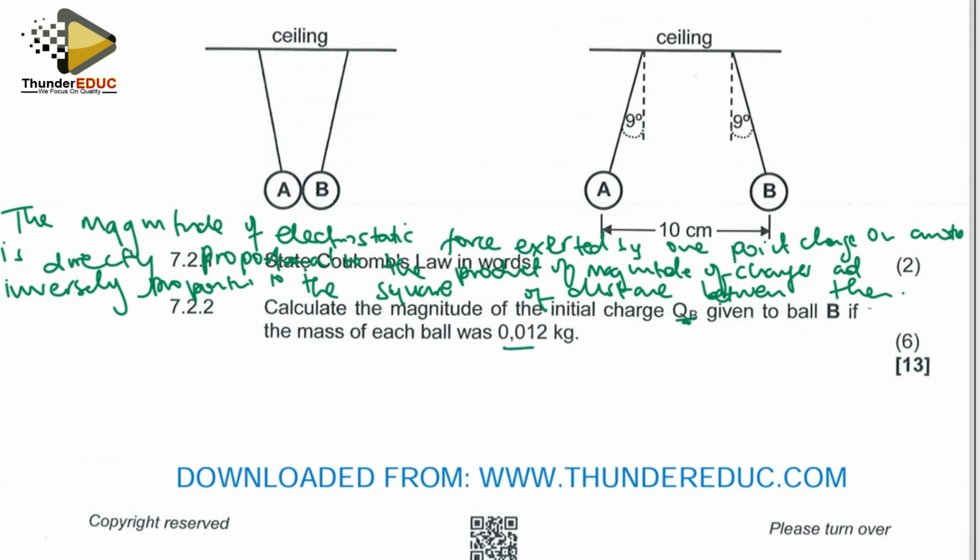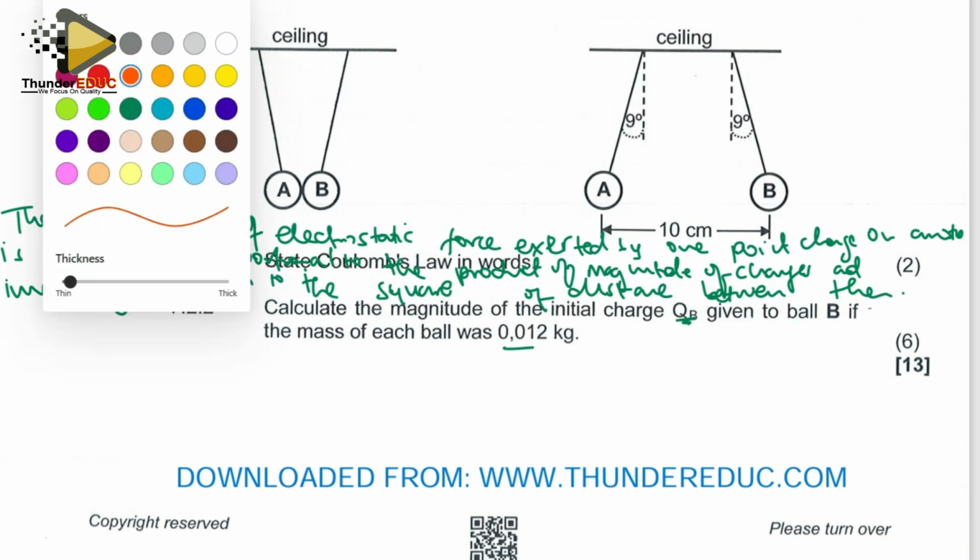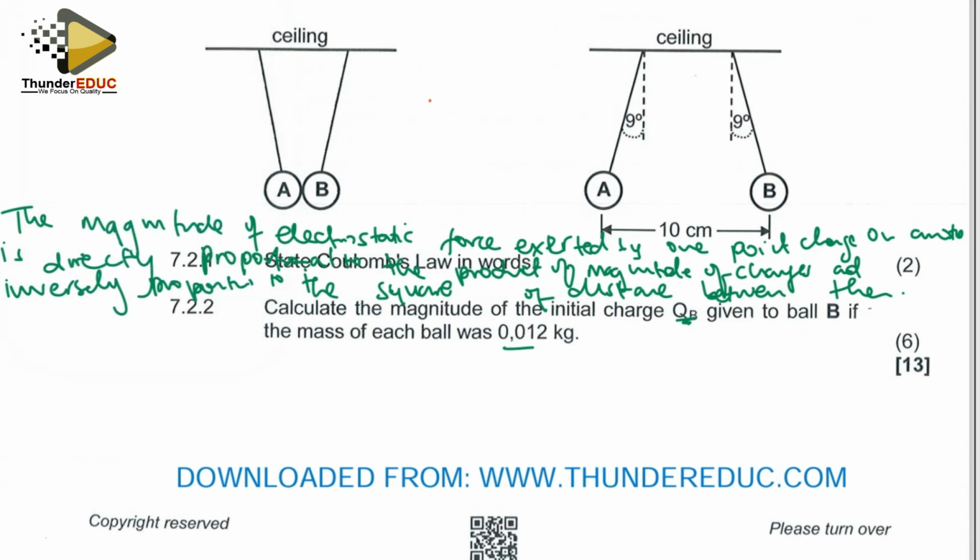Okay, then 7.2.2, they want us to calculate the magnitude of the initial charge QB, given that the ball is having this mass. Okay, so what I can see that could probably help me is if I look at this ball at this point, I believe there is a tension force there. If that is a 9, which means if I draw a vertical line like that, this must also be a 9.